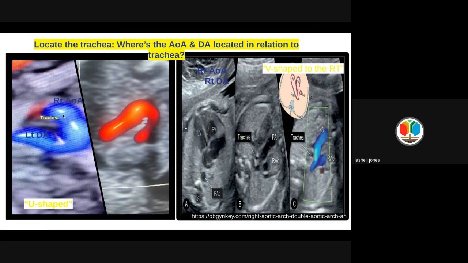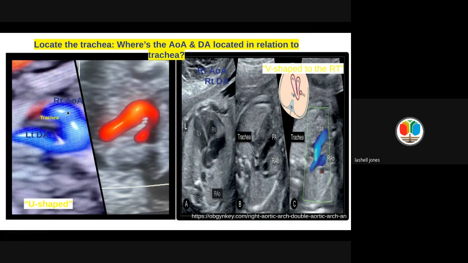Okay, so this is your classic U shape. It's going to create a U shape appearance. So instead of that V configuration that we're used to seeing in a normal convergence, it's going to now create a U shape. Notice the blood flow is still the same, but it's a U shape that you will see.